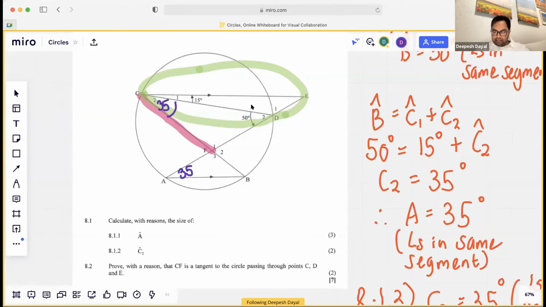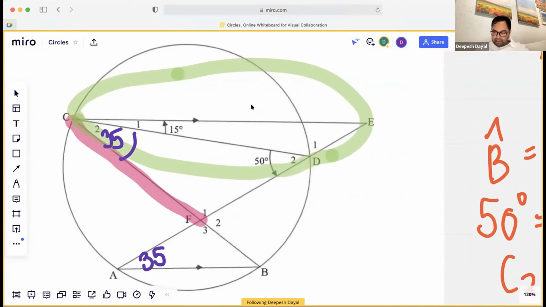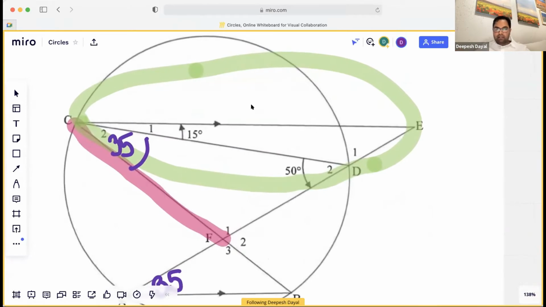There's quite an easy way to find E. Look, we can find D1 because we've got angles on the adjacent line there, see? So what will D1 be? So we're going to say here, D1 equals to, and we had C2 was 35, and then we've got D1, and we want the circle here, right? So what will D1 equal to?